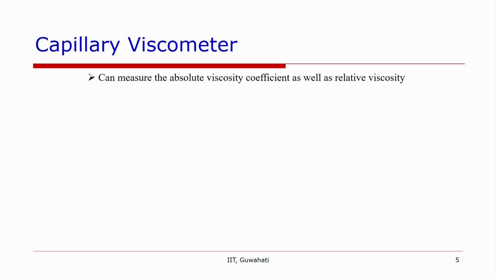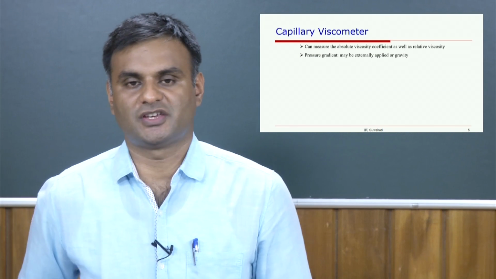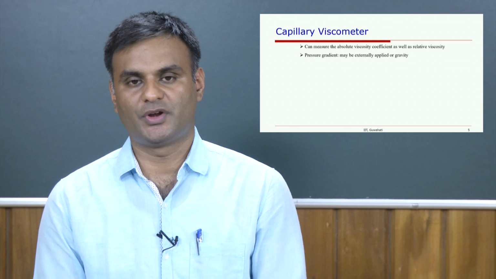Now, as we have seen, we can use a capillary viscometer to measure the absolute viscosity coefficient as well as relative viscosity. Generally, it is the relative viscosity that is measured using a capillary viscometer. The pressure gradient might be applied externally, or gravity can act as a pressure gradient to drive the flow.